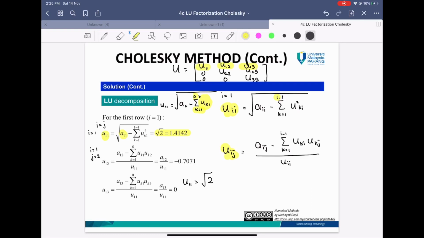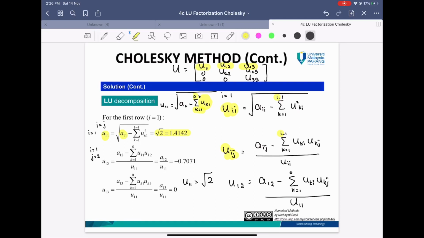For this case, we substitute i equal to 1, j equal to 2, so that we will get U12 is equal to A12 minus the sum from k equal to 1 to i minus 1, which is 0, of UKI UKJ divided by UII, where i is equal to 1, we have U11.